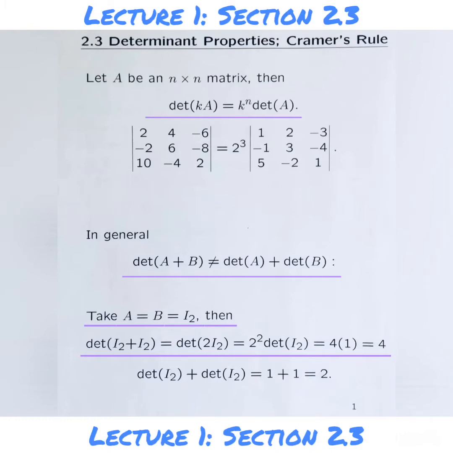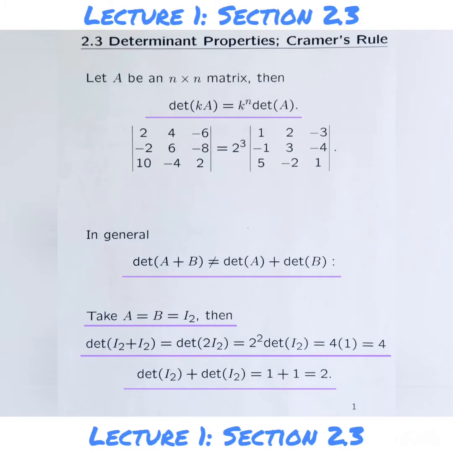And that we know already is 1, and that equates to 4. And then if we look at the sum of the two determinants separately, we know both have determinant 1, and if we add the 2, that becomes 2. So you can easily see that in general the determinant doesn't distribute over the sum.